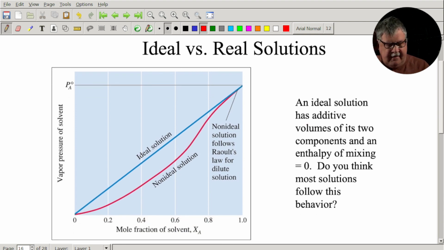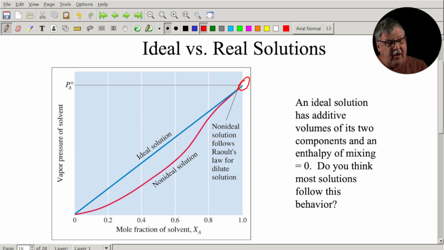And here's the kind of thing that we see. In a perfect world, if I have a mole fraction of 1 for my solvent, then the vapor pressure of the solvent is going to be that of a pure solvent. That's what we see up here at the top of this graph. And if the mole fraction is 0, then the vapor pressure of the solvent is going to be 0.